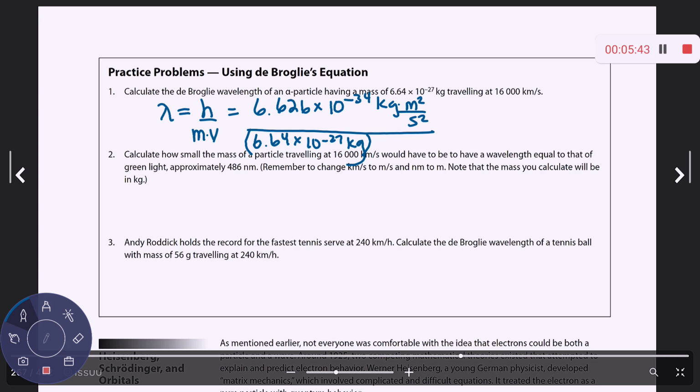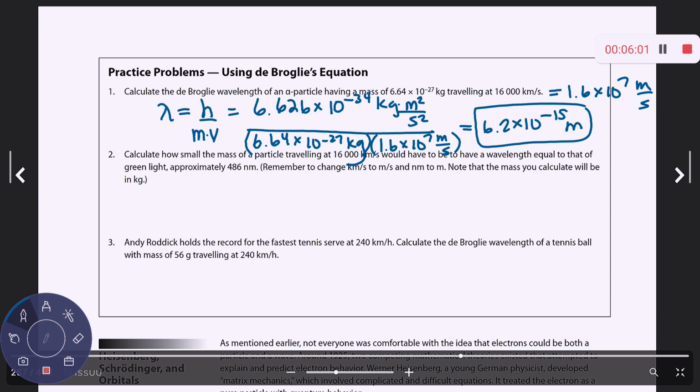So this is 1.6 times 10 to the 7th meters per second. I'm just giving that to you. We know how to do one-step metric conversions. And then you would end up with 6.2 times 10 to the negative 15 meters. They will sometimes ask you for those units in like nanometers. Okay, so you may be converting meters to nanometers in a one-step metric conversion, but we're just going to leave that as it is, okay?